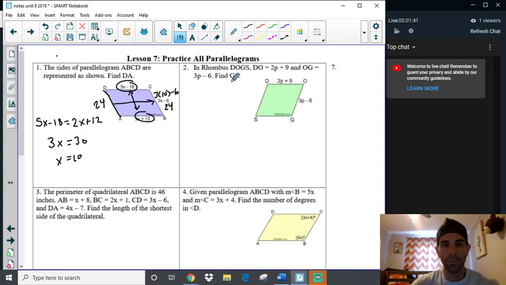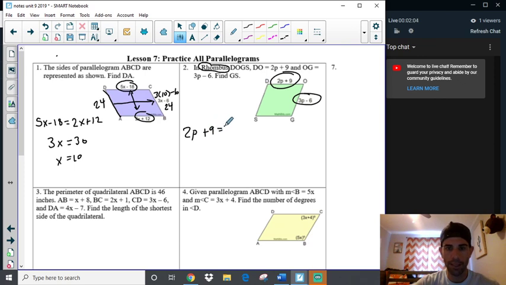2. In rhombus DOGS, DO is 2p plus 9. OG is 3p minus 6. Find GS. Remember, for rules of a rhombus, in a rhombus, all sides are congruent. So that means that 2p plus 9 is equal to 3p minus 6.